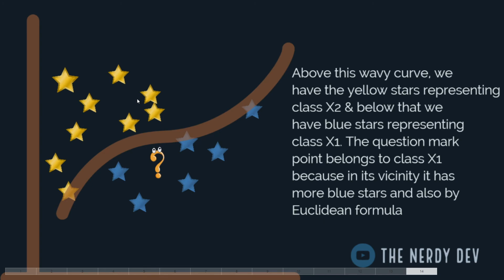Now the boundary that we got in the case of logistic regression had an equation which we discussed in that video, and I told you that it is known as the sigmoid function. But the boundary that you get after classifying a collection of new points is wavy in nature.